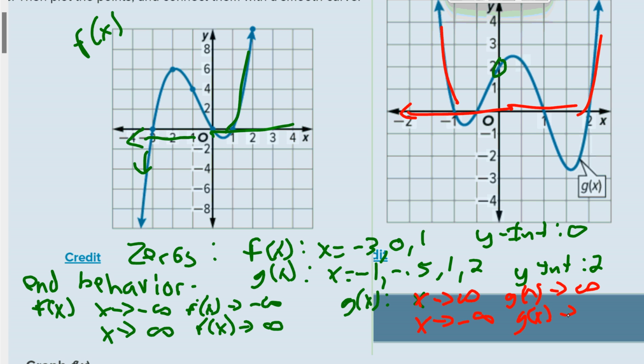Anything that goes up and up is even, right? And it crosses 4 times, that means it's going to be an x to the 4th. And so that also goes up, right? So those are my key features: my intercepts, my zeros, and my end behavior. And then this new concept is called a relative maximum and a relative minimum. Notice that the graph of f of x keeps on going down and keeps on going up.